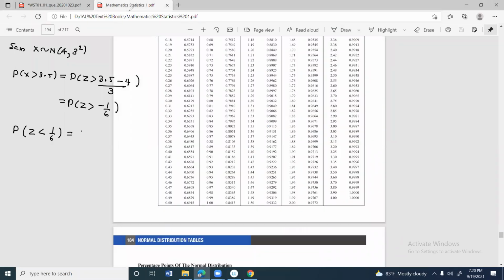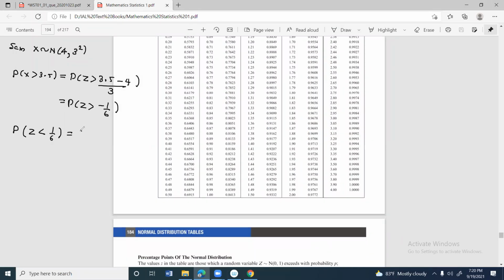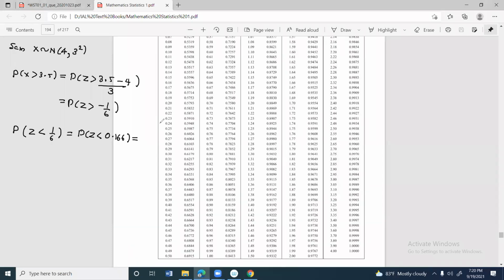The probability of Z less than 1 over 6, where 1 over 6 is 0.166, and if you work this out, you get the probability of roughly 0.5675.